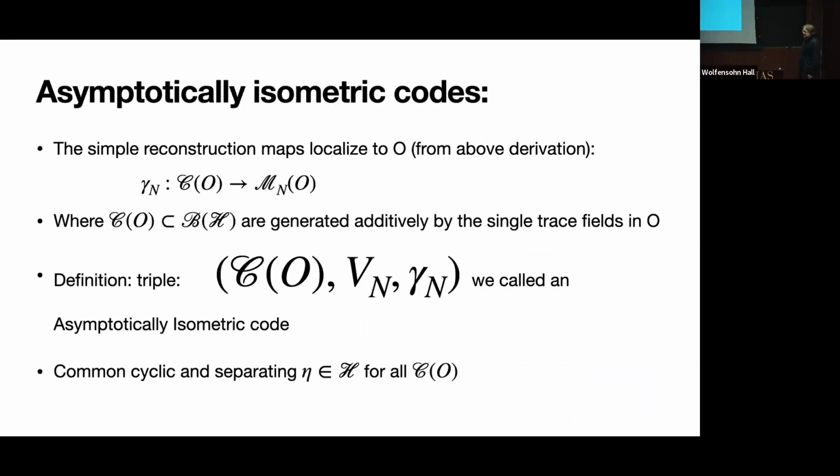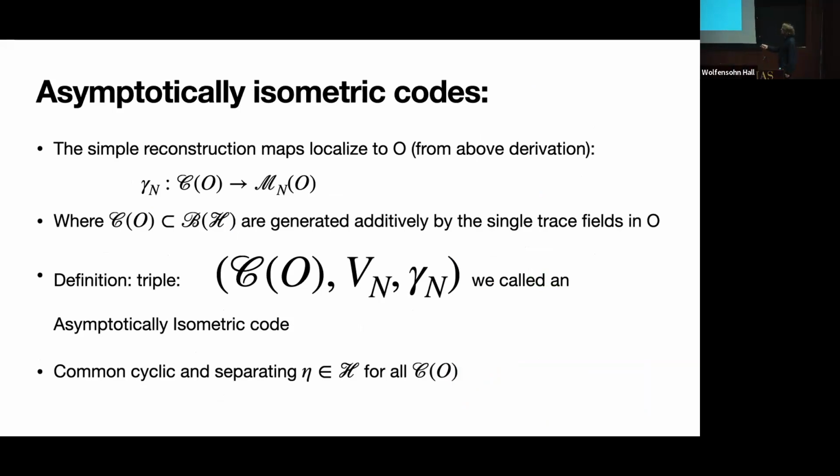So in this setting of algebraic quantum field theory, we can also localize these simple reconstruction maps, gamma n. In fact, they localize to a subalgebra. Remember, they were acting from the single trace infinite n theories to the finite n theory. The GNS Hilbert space, you can talk about subalgebras of operators that act on that.